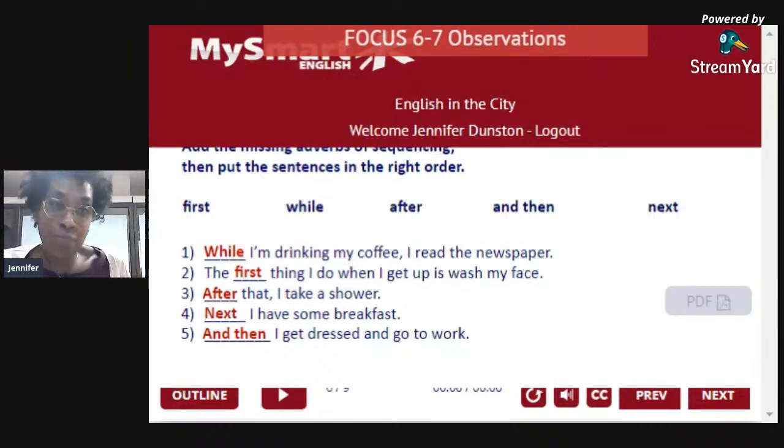Then I wash my face. After that, I take a shower. Actually, if I'm going to eat something, I eat something first, and then I take a shower last. So my last activities before I walk out the door are showering and getting dressed. After that, I take a shower. Very good. While I read the newspaper.